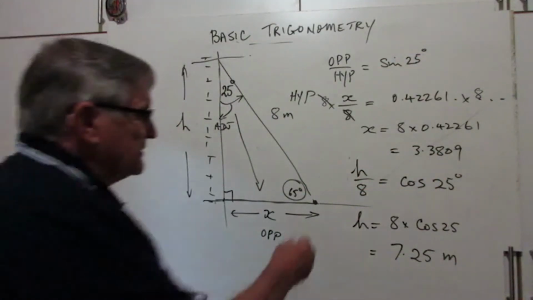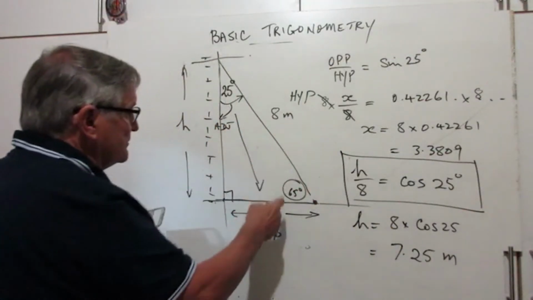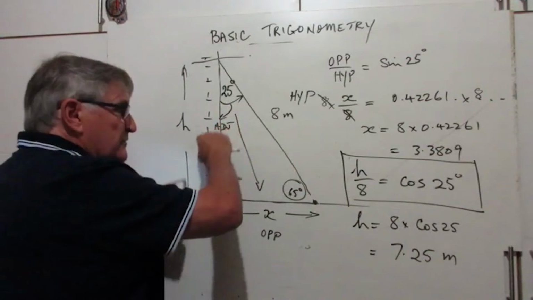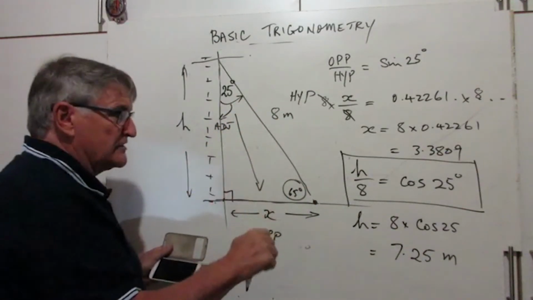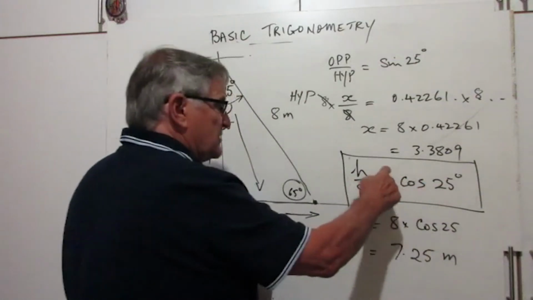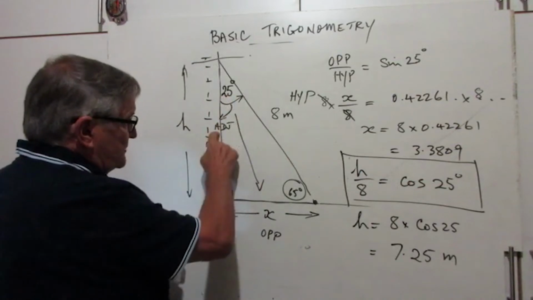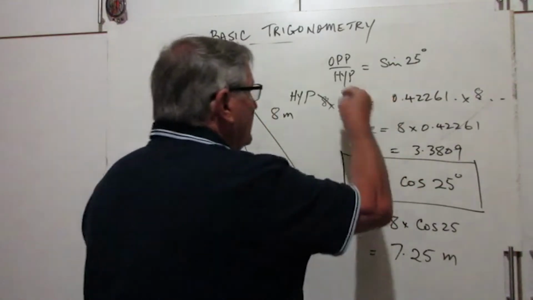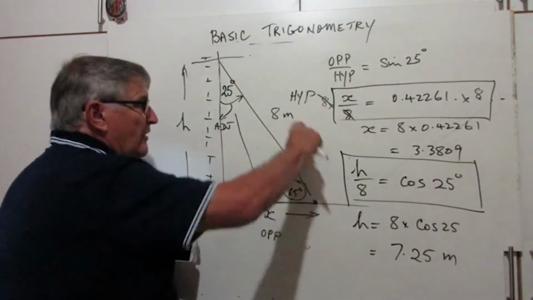Okay, this is your secret. Identify your sides, decide whether it's opposite, hypotenuse, adjacent, whatever it is, and then recognise that it's the cosine of the angle 25 degrees. Adjacent, hypotenuse. Up here, it was the opposite over hypotenuse.